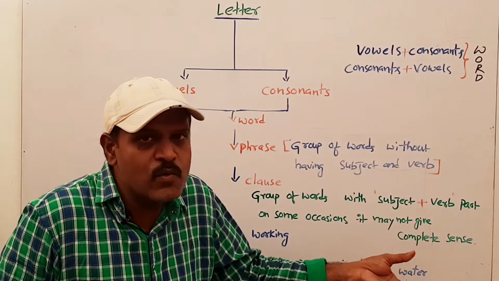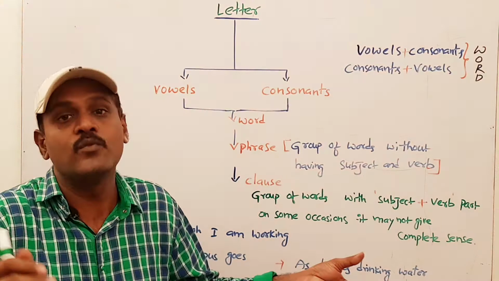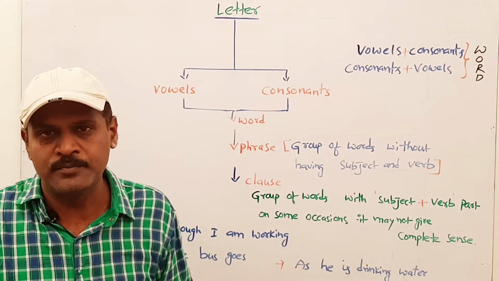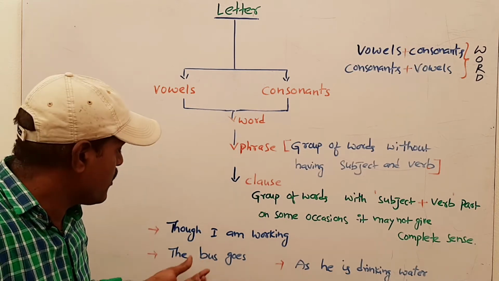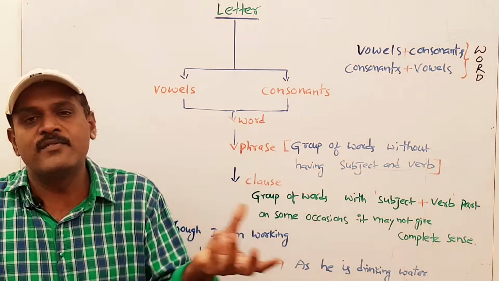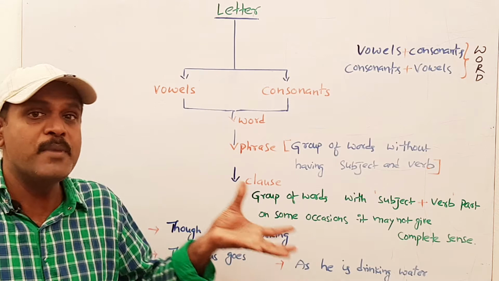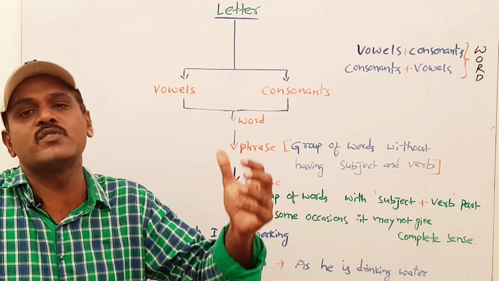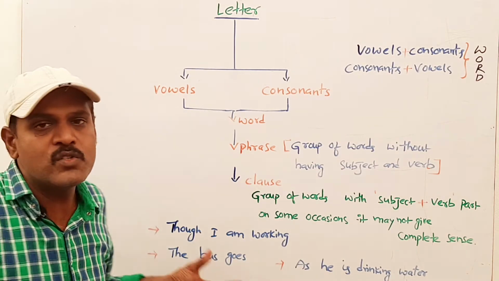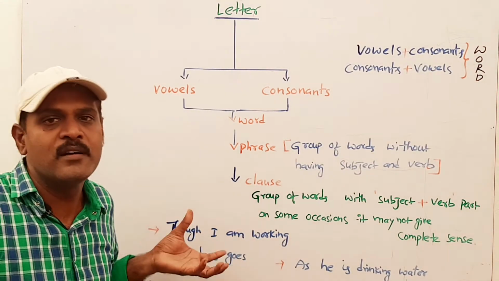As he is drinking water, what happens next? We don't know. The next one is "the bus goes." Here bus is the subject, goes is the verb. It gives complete sense. So on some occasions, clauses also give complete sense. It is also an example of a clause.